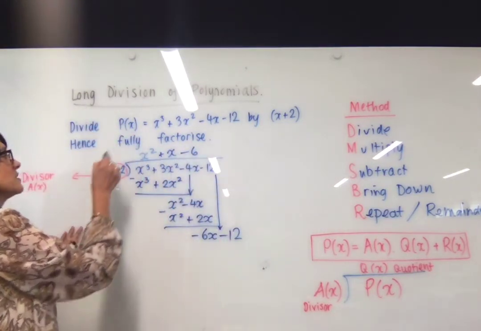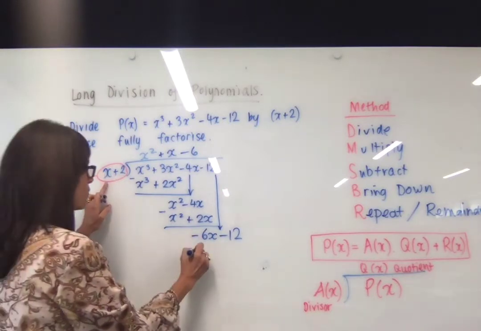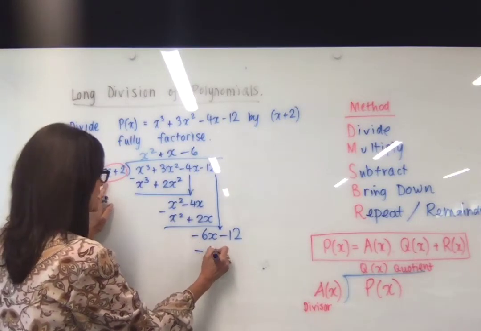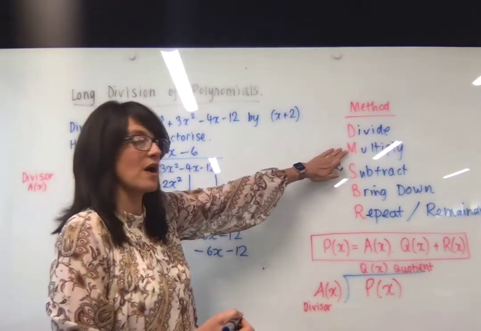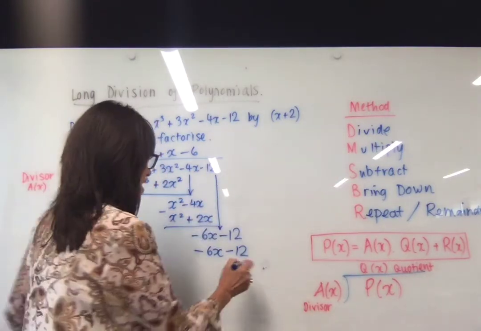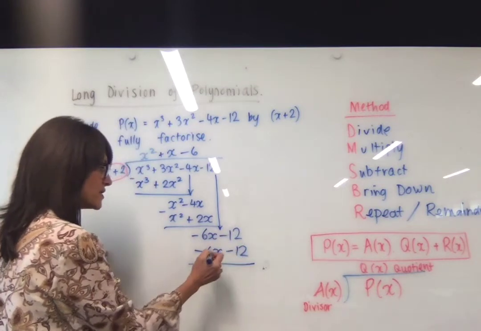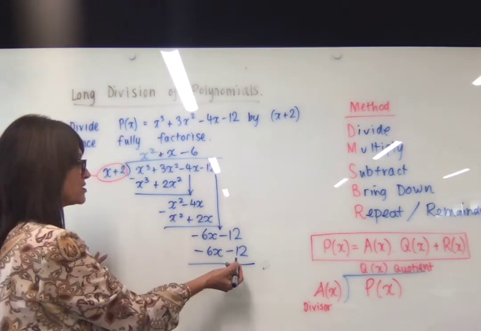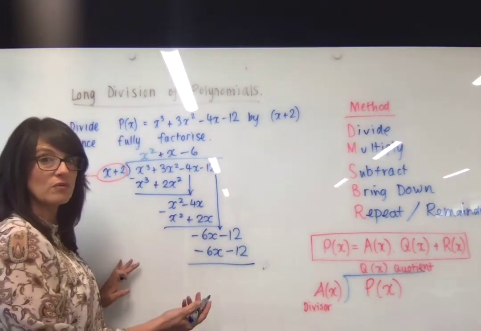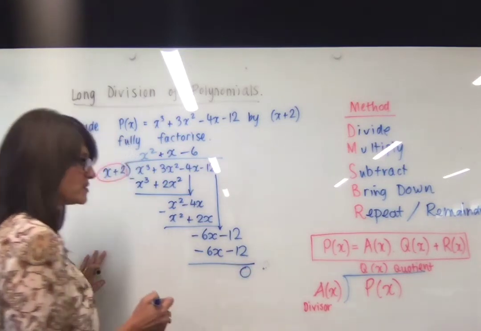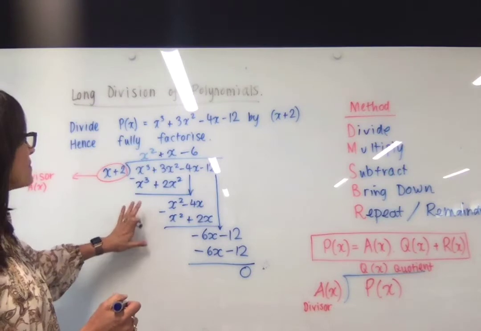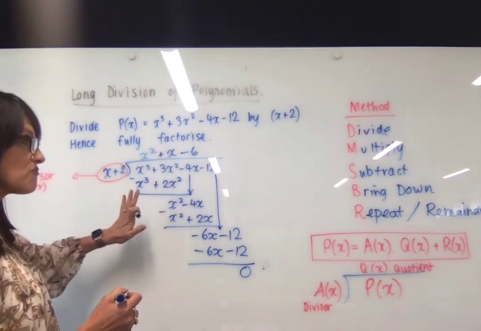Negative 6 times x plus 2, and what that will give us is negative 6x minus 12. So now we've multiplied, we subtract. Negative 6x minus 12 minus negative 6x minus 12. Well, we've got the same result, so the same result minus itself will give us a result of 0. So that means this is now fully factorized.